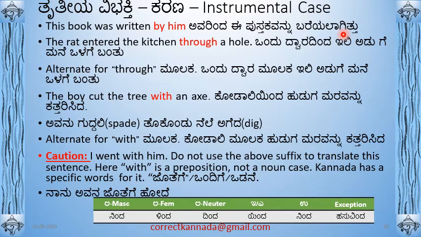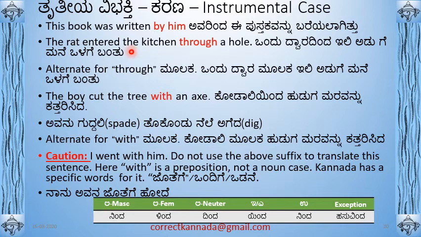So when you say he wrote this book, that is active voice. This book was written by him is passive voice. So you have to use by him, right? That's where the Tritiya Vibhakti comes in and helps. So avarinda ee pustakavannu barayalagittu. Okay, so this avarinda is the example.